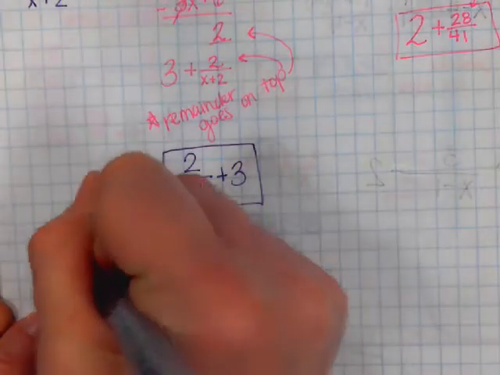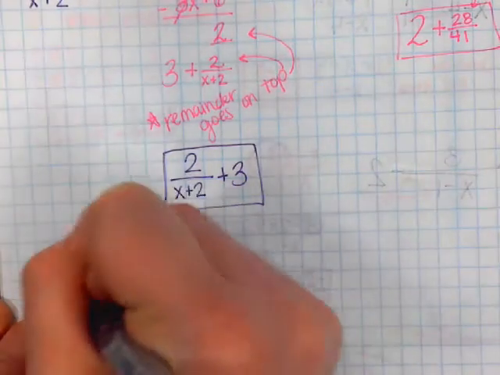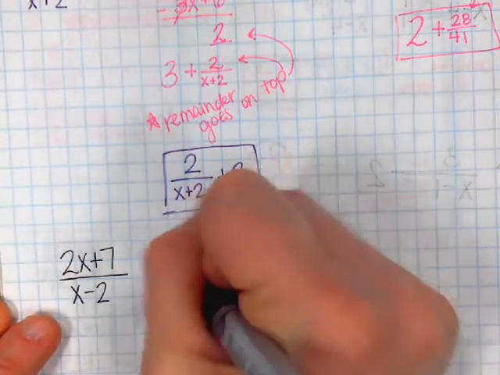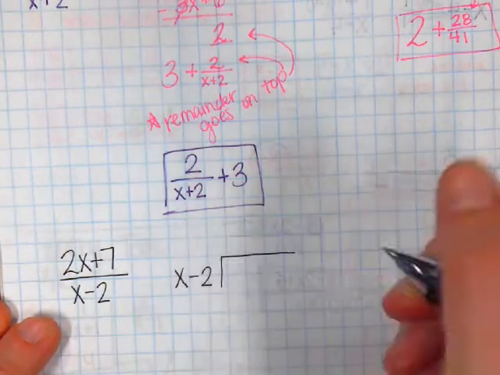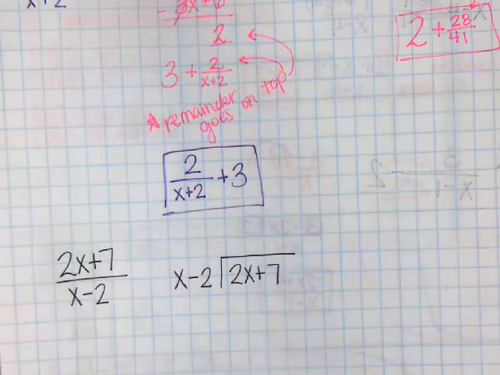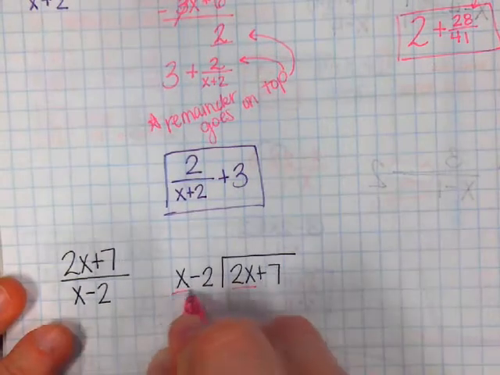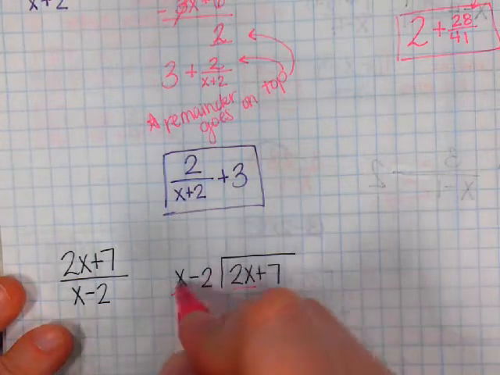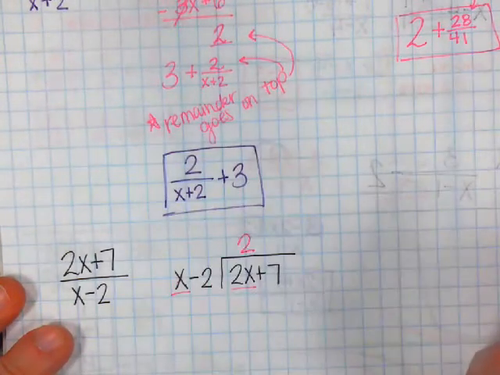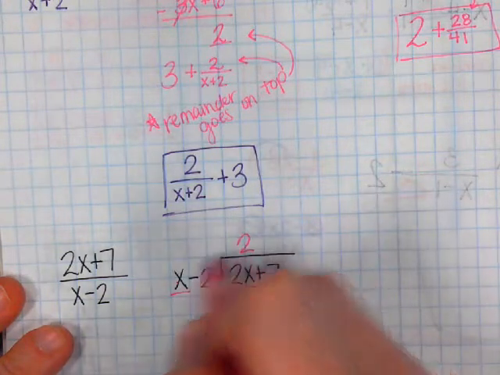Okay, next one. If we have 2x plus 7 over x minus 2, x minus 2 divided into 2x plus 7. Again, the only ones we care about are the first two terms. So what times x gives you 2x? Well, 2 times x gives you 2x.